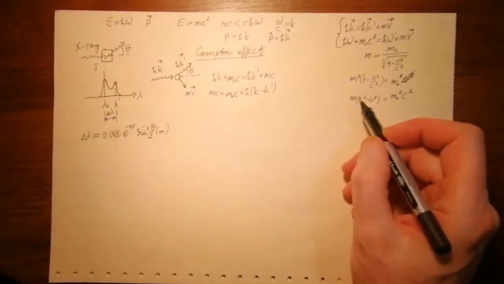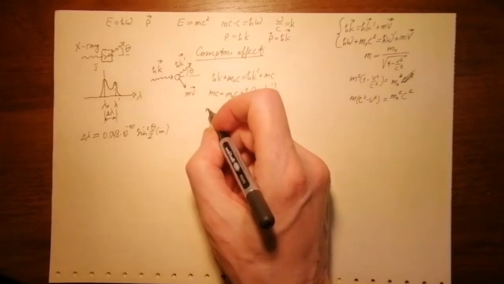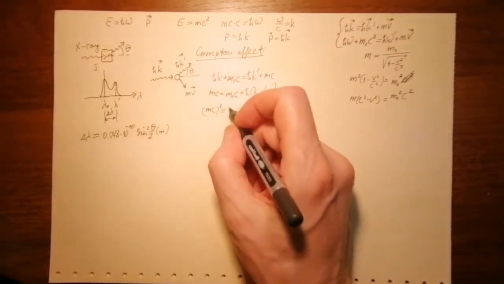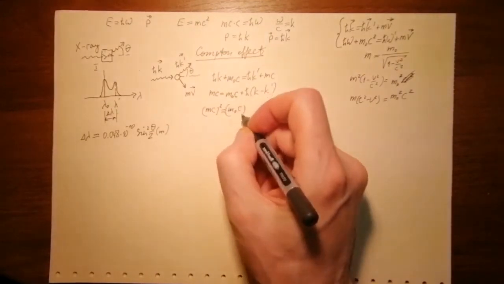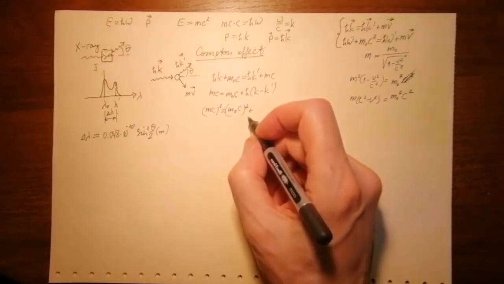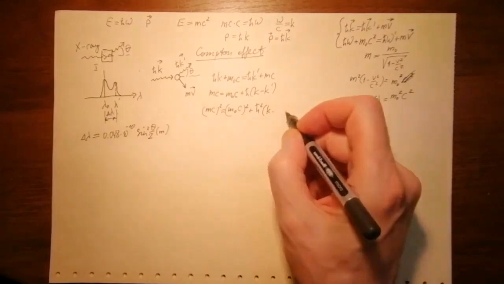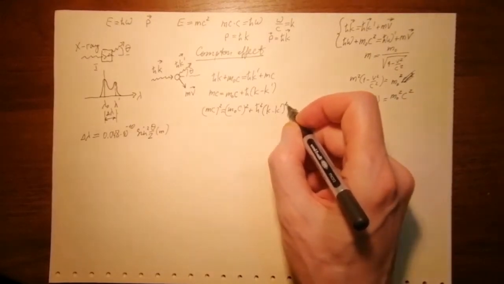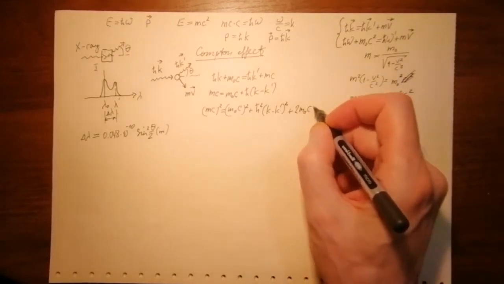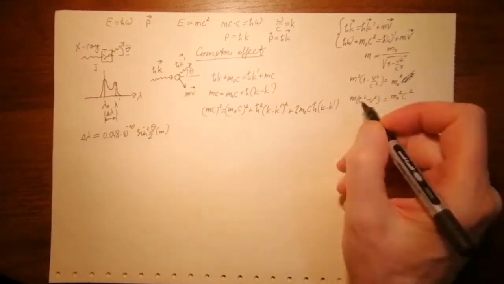Now, to obtain this term, we will square this equation. The left part is mc squared, and the right part is (m0 c squared + h squared (k minus k prime) squared + 2 m0 c h (k minus k prime)).